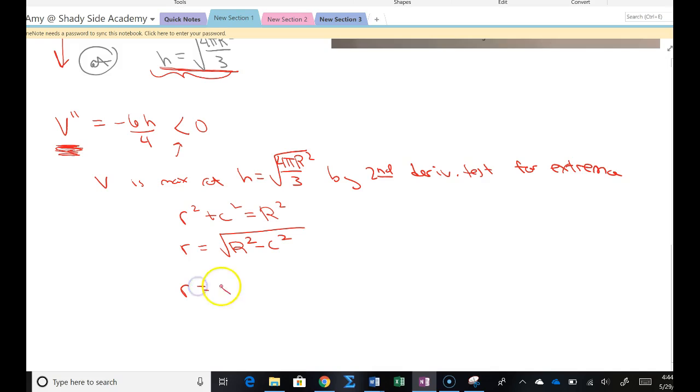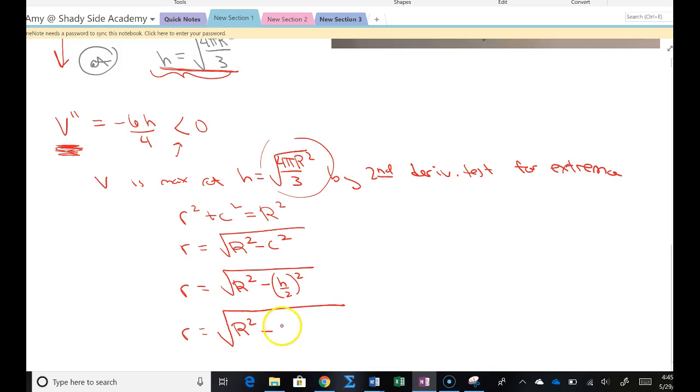So r is the square root of capital R squared minus h over 2, all of that squared, or r equals square root of capital R squared minus, what's h? h is right here. Oh my gosh. Yuck. 4 pi capital R squared all over 3 all over 4.